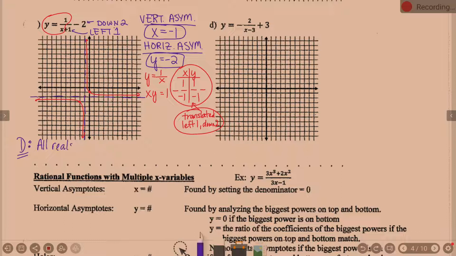So all reals except x equals -1. Do you see if you know your asymptotes, you can do domain and range, piece of cake? What's my range? All reals except, and don't just tell me -2, though, I'm going to be nitpicky, y equals -2.